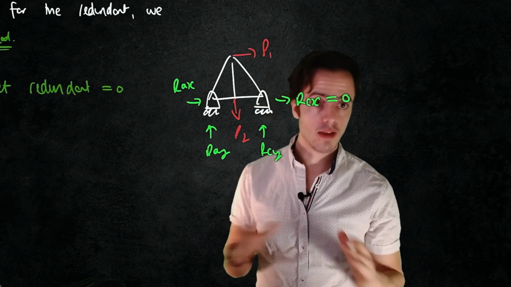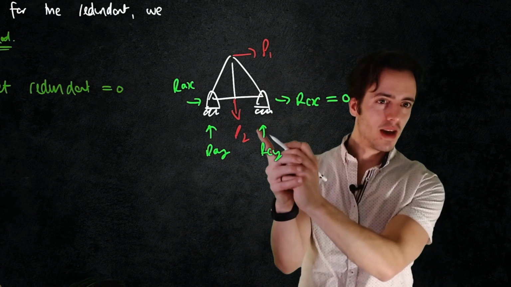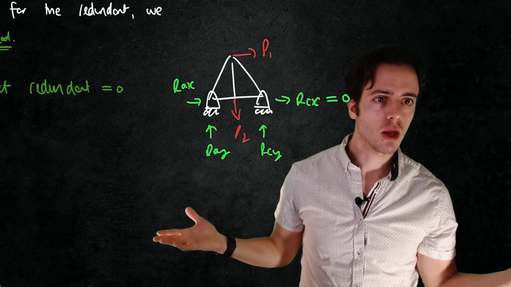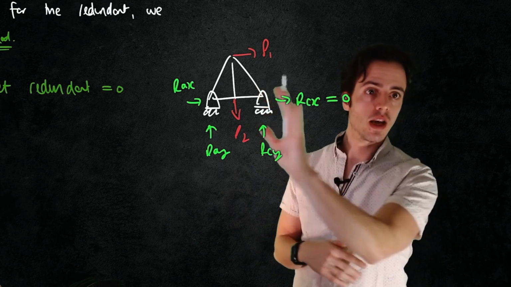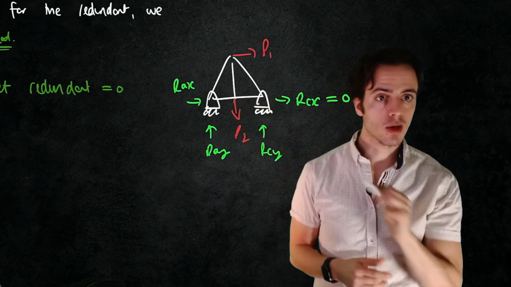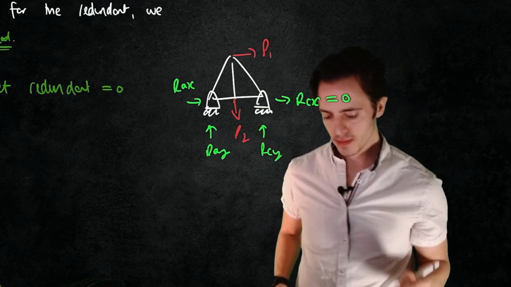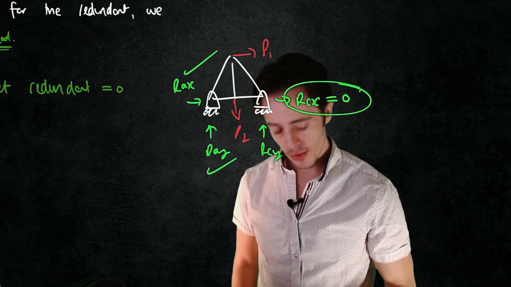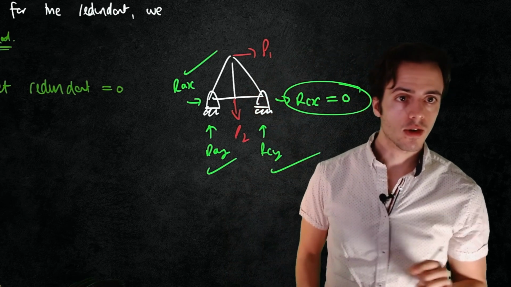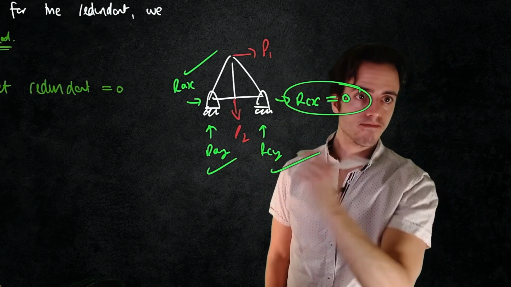Okay, so that's equivalent to putting a roller support here, but we're just going to say we'll set the reaction equal to 0. If the reaction is equal to 0, then this is not providing any horizontal equilibrium at this node. Okay, so we set this equal to 0, and what this leaves us with is 1, 2, 3 reactions to determine as a function of this applied loading.